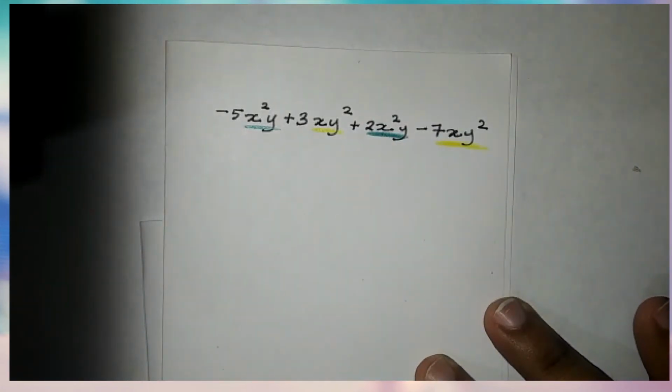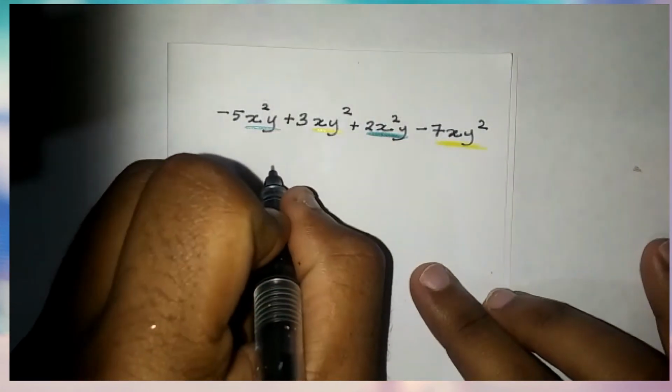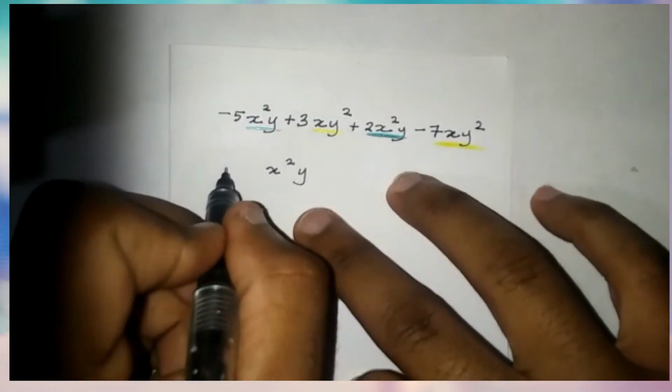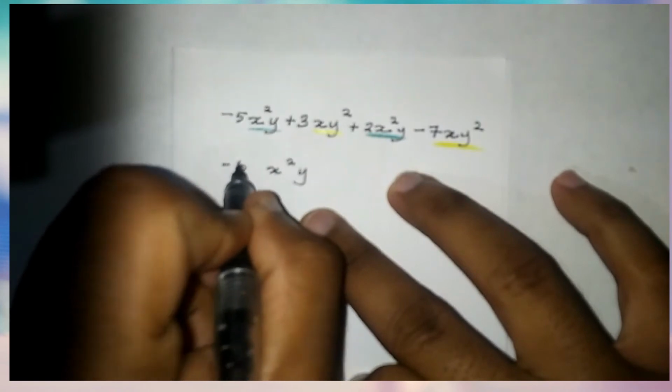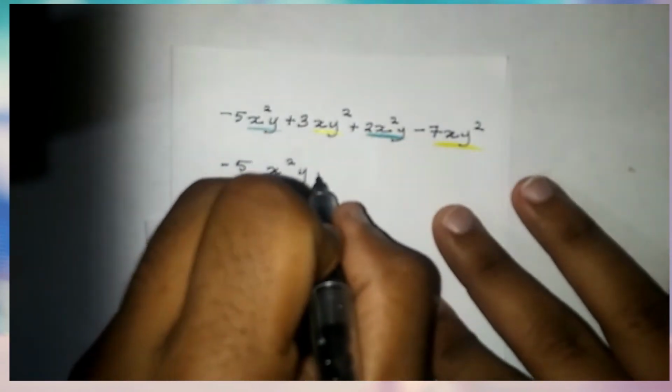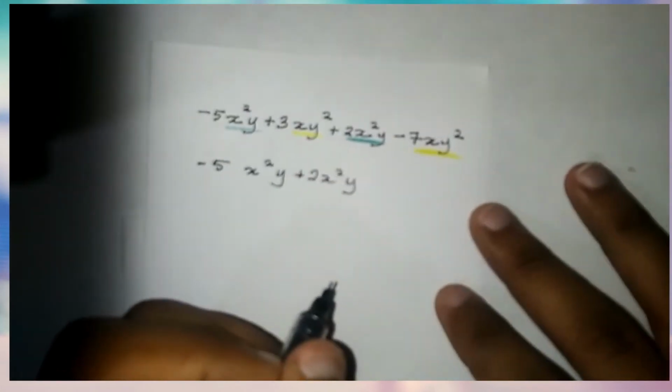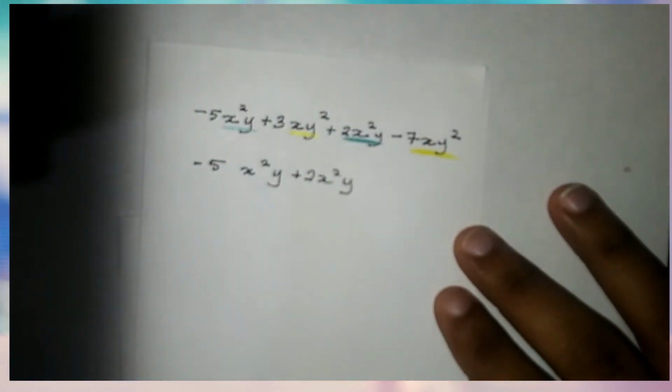Now, let's put them together. I'm putting all my x squared y's together. So I'm going to have minus 5x squared y, and I'm adding 2x squared y. Then I'm going to have on the other side 3xy squared plus 3xy squared, and notice that I'm carrying the signs that are in front of them.